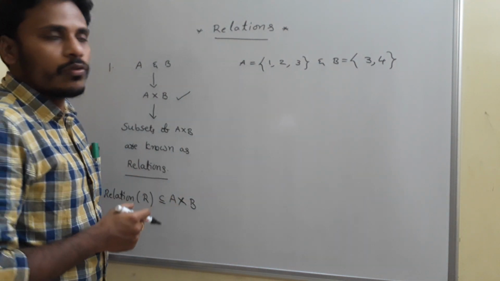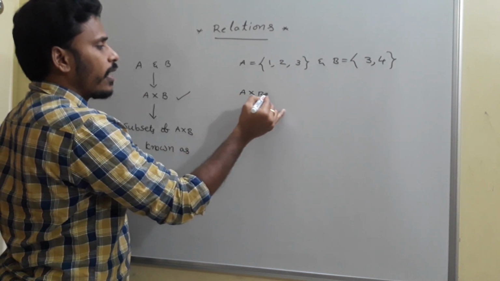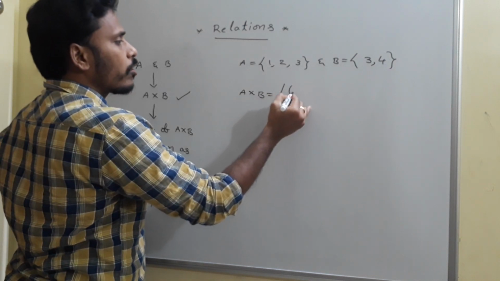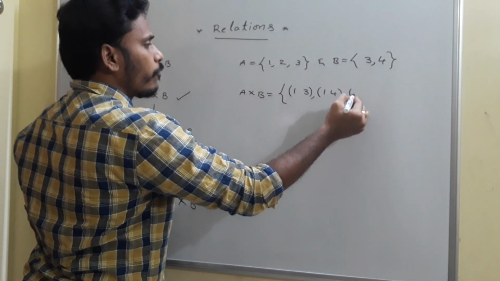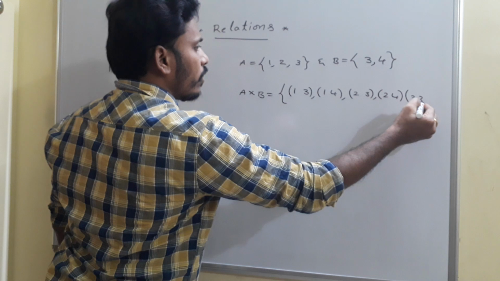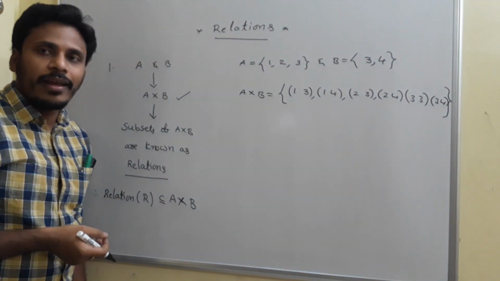Set B consists of 2 elements 3, 4. Then A cross B just connects every element of A to every element of B. Then A cross B is simply the ordered pairs (1,3), (1,4), (2,3), (2,4), (3,3), (3,4). So all these 6 elements are there in A cross B.